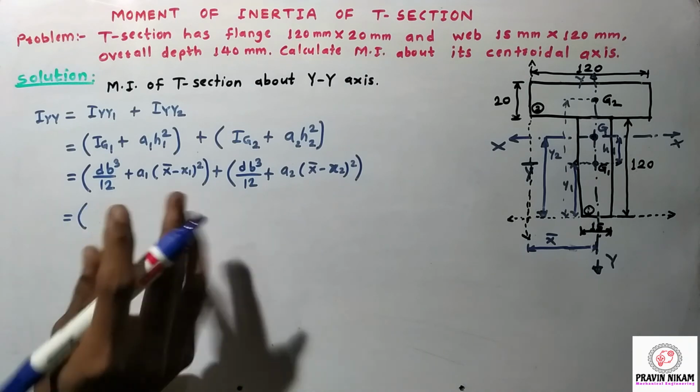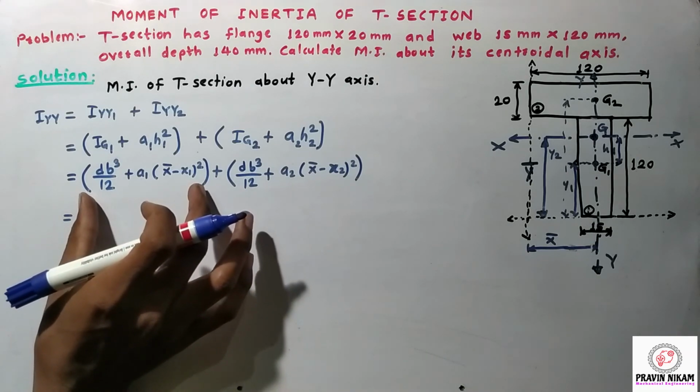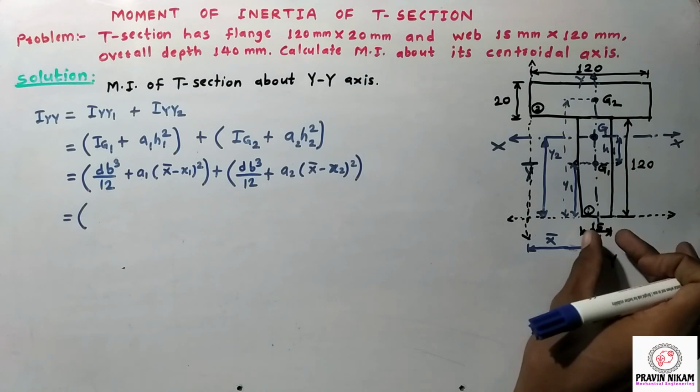Now for section 1, see, for section 1 D is 120, B is 15.